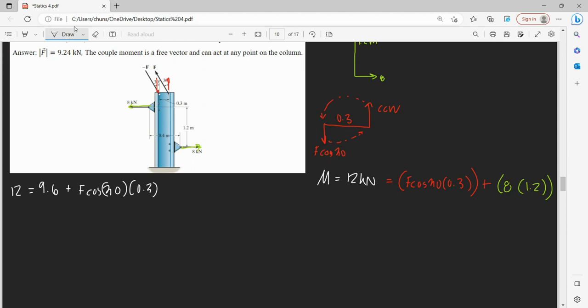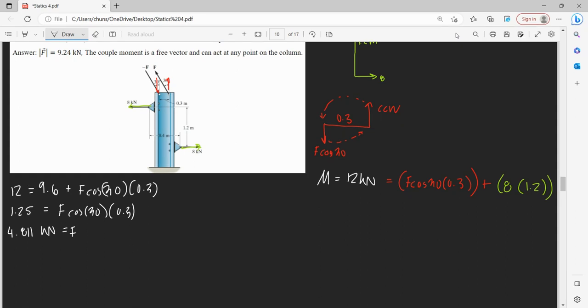So then let's move this 9.6 over. This is 1.25 equals F cos 30 times 0.3. Let's move that 0.3 over, so divided by cos 30 times 0.3. And this is going to give 4.811 kilonewtons equals F. Okay, it appears I have made a mistake somewhere along the line, so let me just check back with my work.